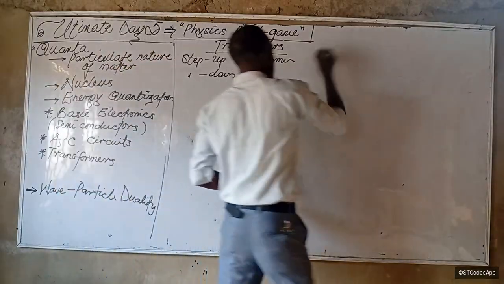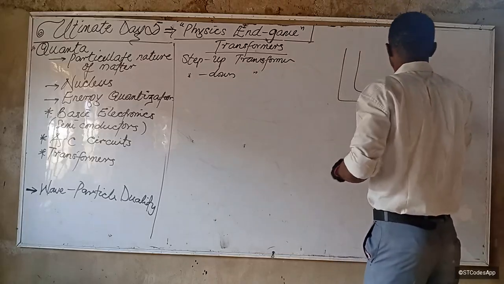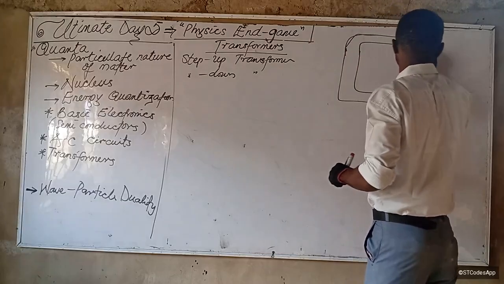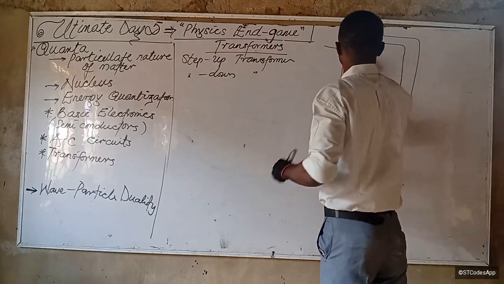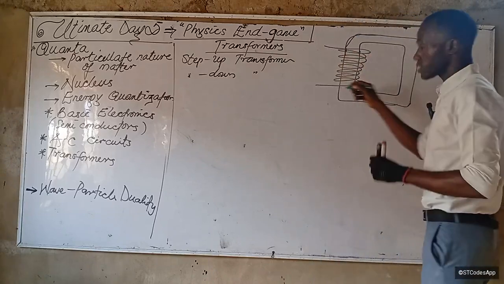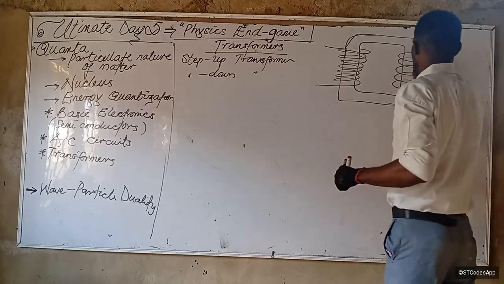Now, in a typical transformer, we basically have a soft iron core around which we have coils of wire on one end and coil of wire on the other end. Is that okay? And they are connected.